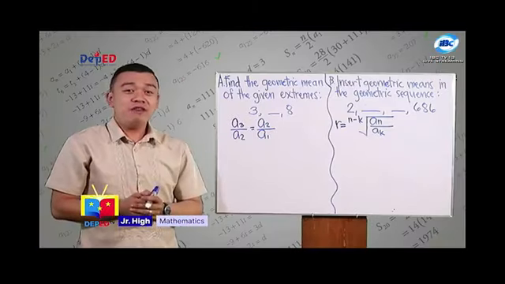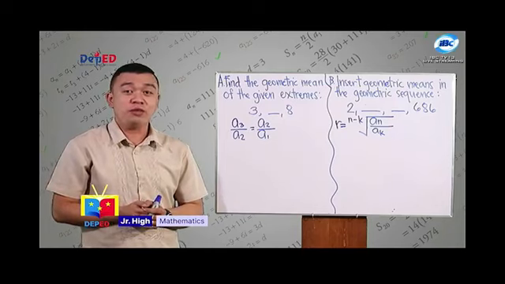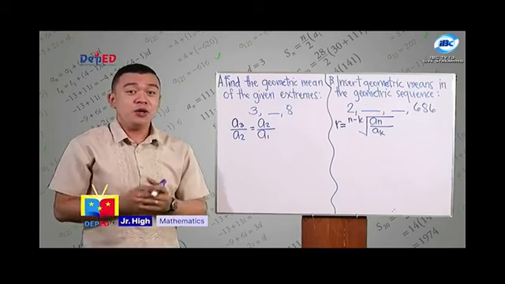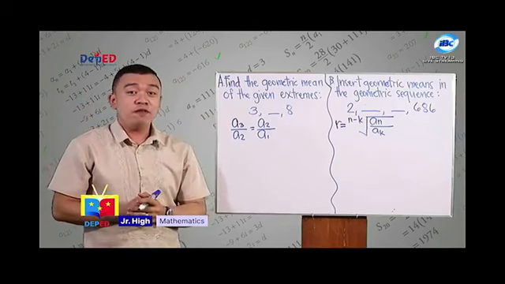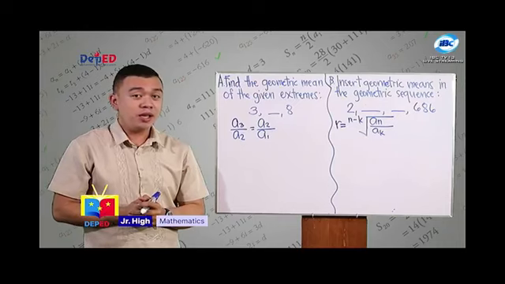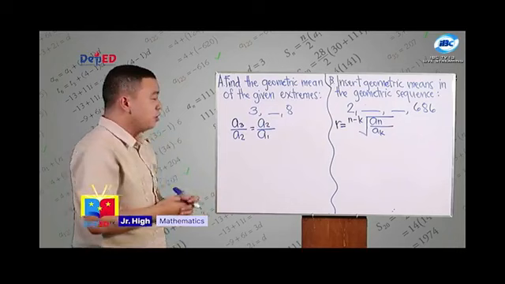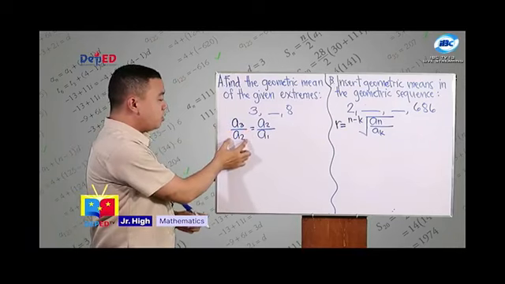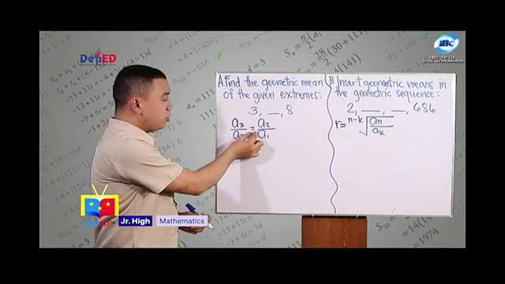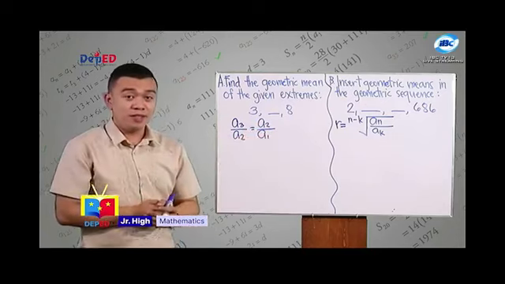For letter A, find the geometric mean of the given extremes 3, blank, and 8. Again, we are looking for the geometric mean of the extremes 3 and 8. With that, let's use a sub 3 divided by a sub 2 is equal to a sub 2 divided by a sub 1.